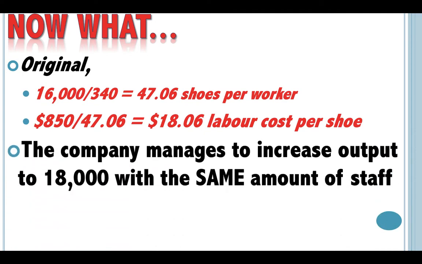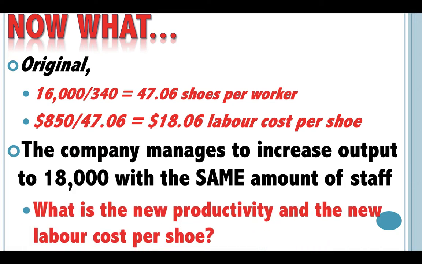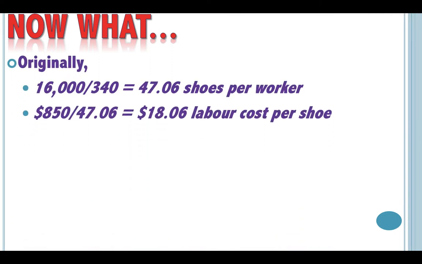Okay, so somehow the company manages to increase output to 18,000 shoes per day with the same amount of workers. What is the new productivity and the new labor cost per shoe? Originally, as we know, we had 47 shoes per worker per 8-hour shift, and that equated to $18 labor cost per shoe.